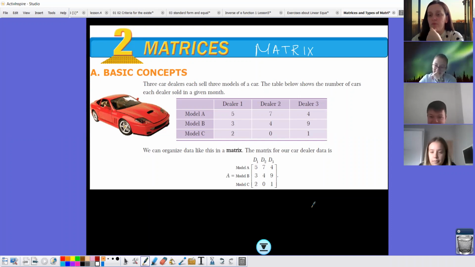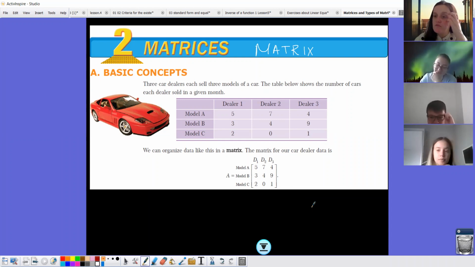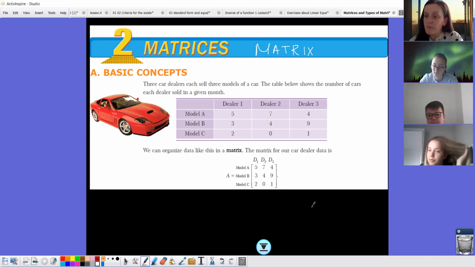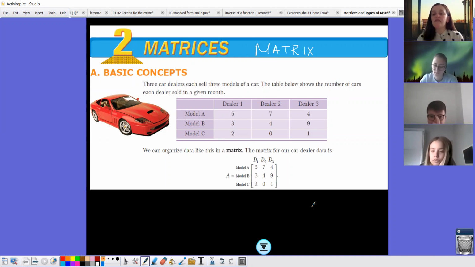They are really important. They have been used in business. They have been used in, how to say, the electricity circuits. So matrices are a really important part. But now in our lesson, we will learn how to work with matrices, okay?